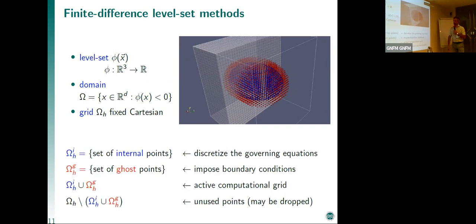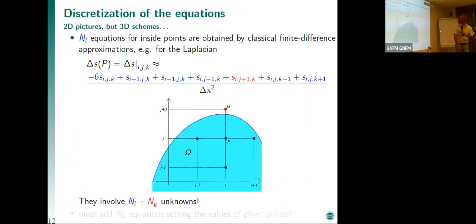So the first thing that we do is that we classify the vertices of the grid into the set of internal points, which are the blue here in the picture. And then we're going to need also an extra layer of points around the object. And these are the red ones in the example. And then what happens? Sorry, there are a couple of slides with formulas.